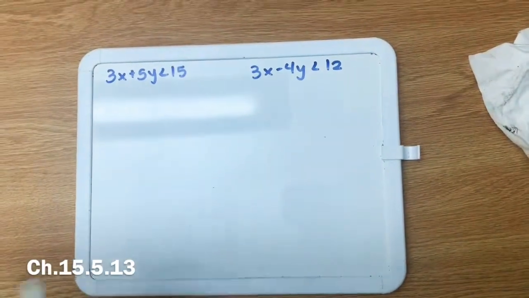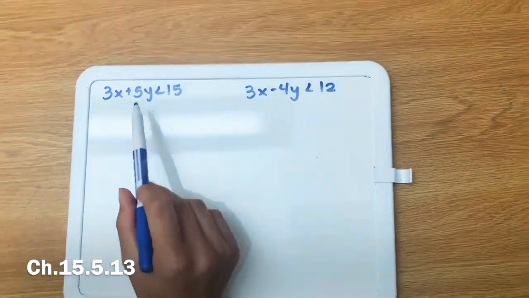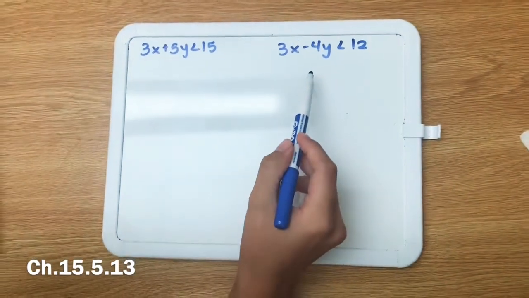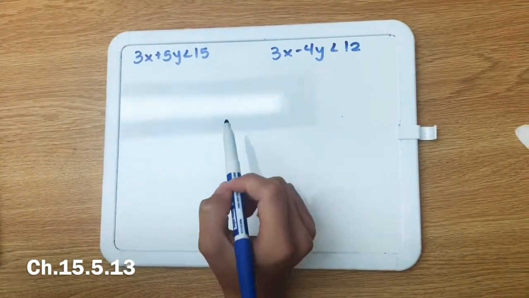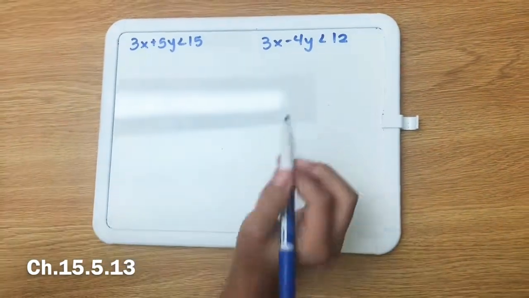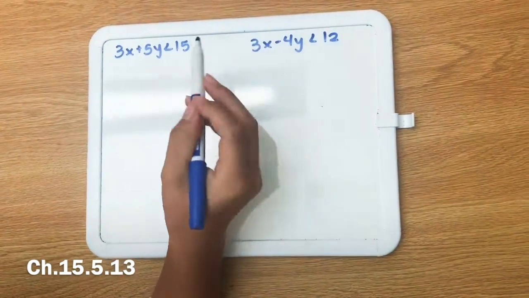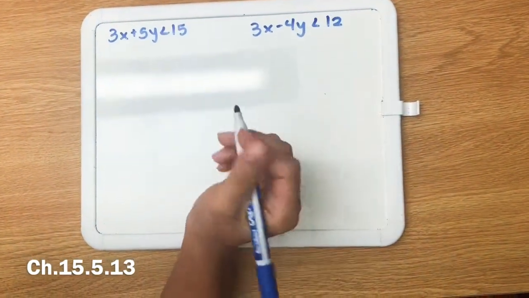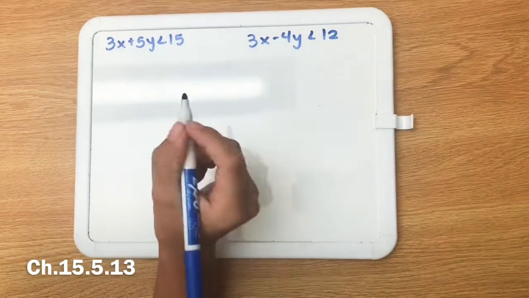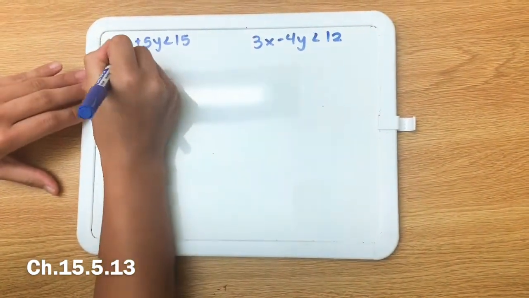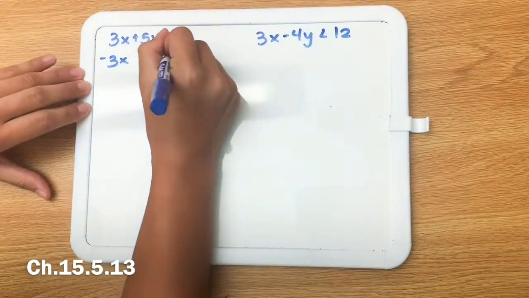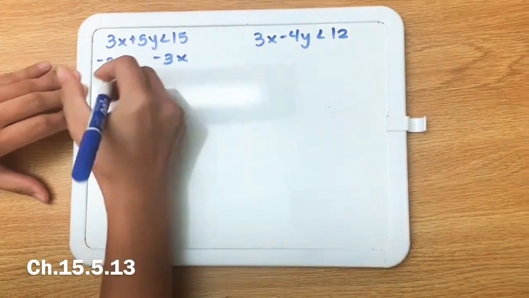Okay, so in our last problem, we have two different equations that are representing two different lines. So we don't like the way this looks, we're going to change it into the slope-intercept form, which is y equals mx plus b. So we're going to subtract 3x from both sides to get the y by itself.